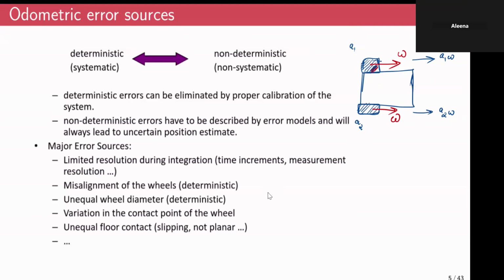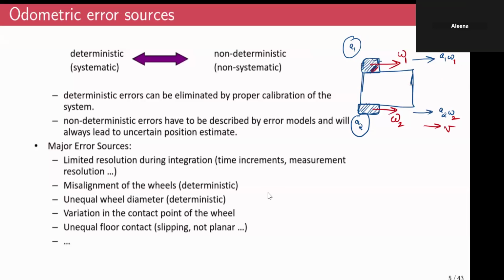Given that we have exactly estimated these radii, we can decide how much the input has to be. Then the new velocities would be A1 omega 1 and A2 omega 2. A1 omega 1 would be of magnitude V and A2 omega 2 would also be of magnitude V. Both have the same magnitude, and the robot would move as you would want it to, in a straight line.